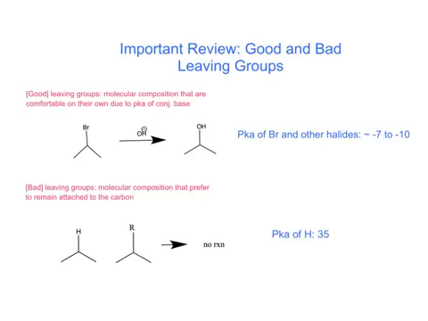-7 to -10. We will note that bad leaving groups contain H's and some R's, and they are molecular compositions that prefer to remain attached to the carbon in the original molecules.